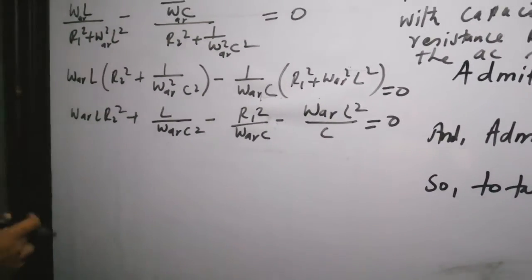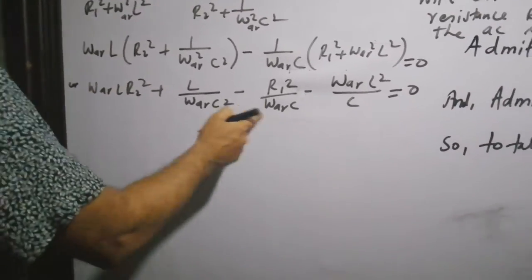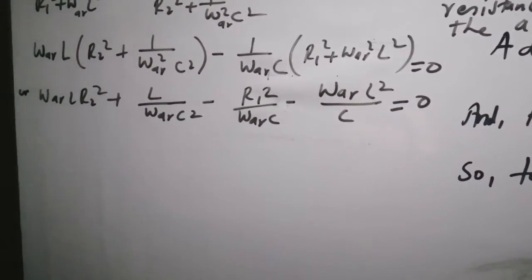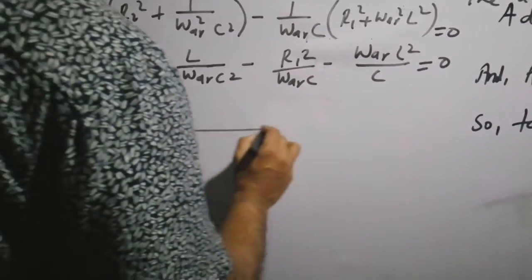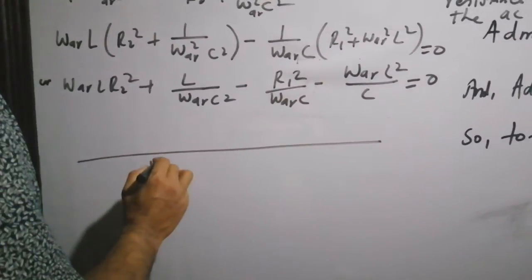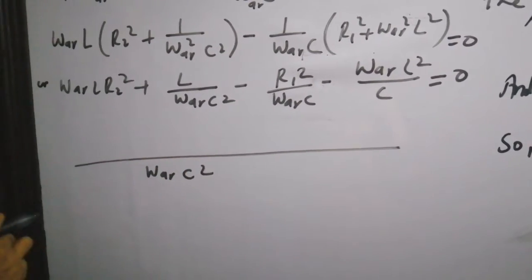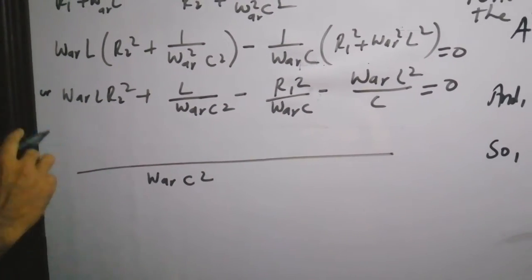So again we further simplify this, and there is LCM is omega AR C square. So I take that LCM. So LCM becomes omega AR C square. So we multiply here again.